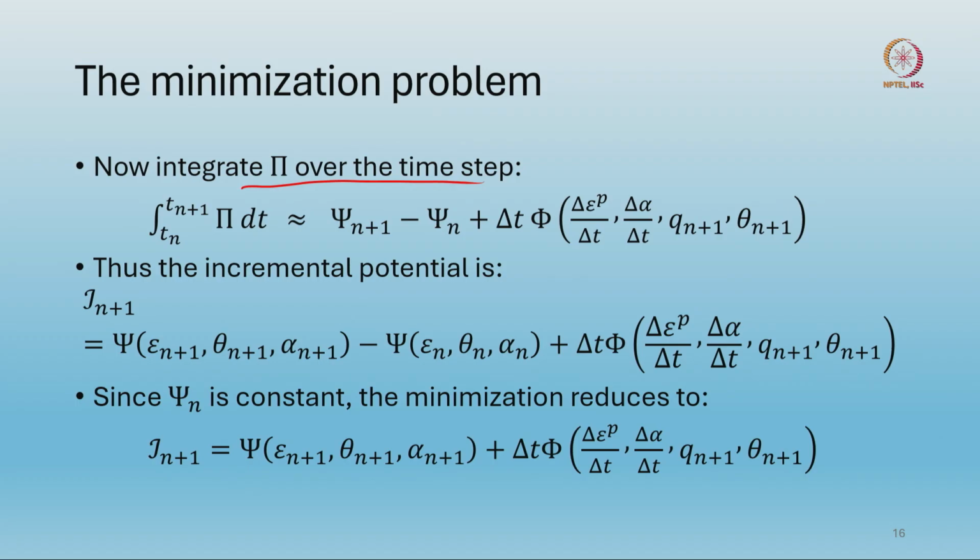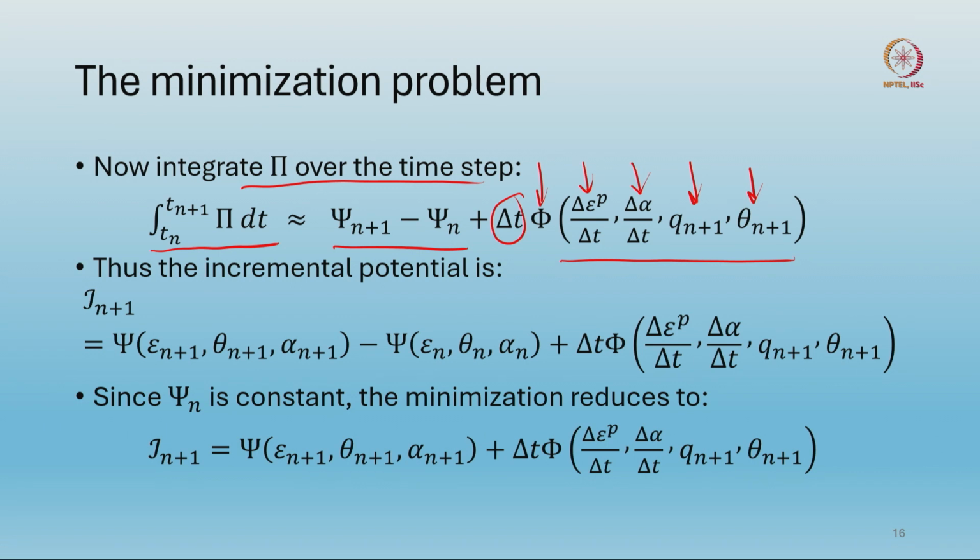What we are doing here is integrating this over Tn to Tn plus 1 and calling it psi n plus 1 minus psi n, because this is the increment, and the delta t factor multiplies phi, which is the dissipation functional. The dissipation functional is a function of all these rate variables. In this particular case it is a function of epsilon p dot and alpha dot. It is also a function of q, and it also depends on theta, all at n plus 1.